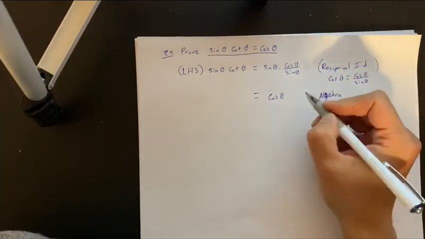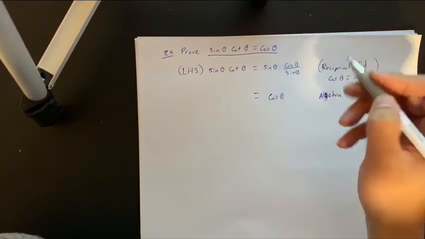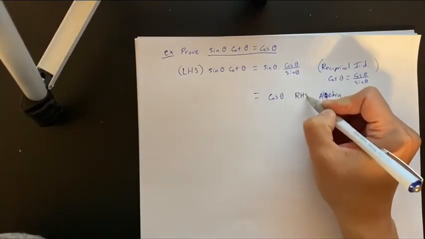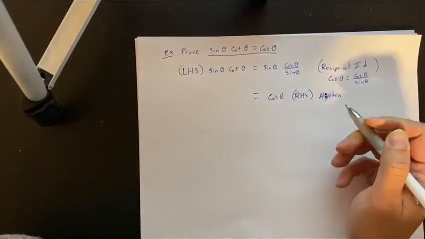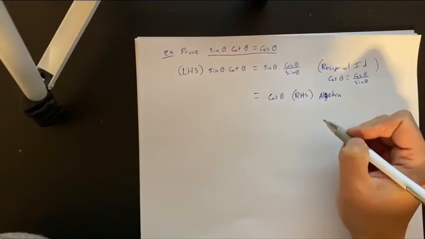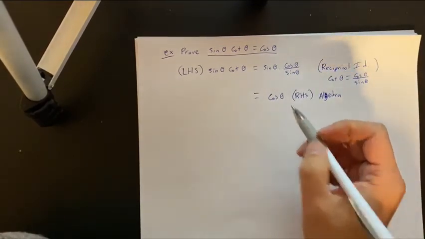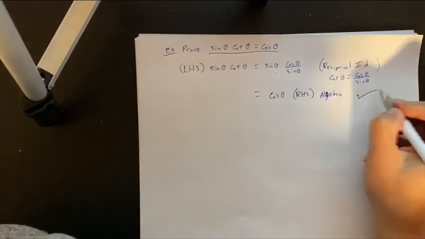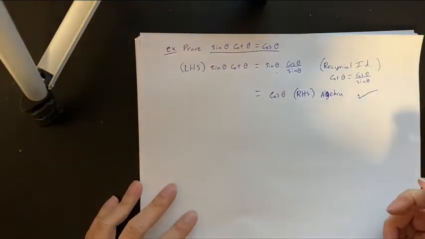And that's it, because that's exactly the right side. So this is the right-hand side, and once you're able to get to the other side, you're done. So this proves it. It is just a two step proof. Okay, so that's the first example.